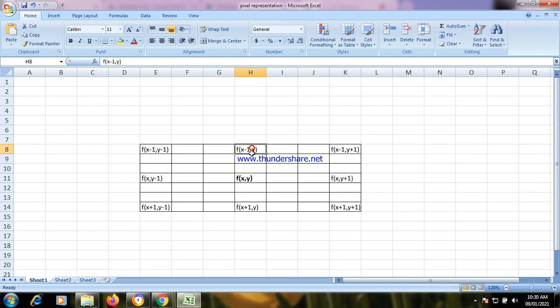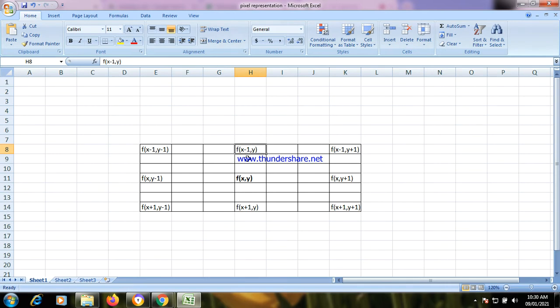Similarly, if we check this second column, the central pixel we are representing as f of x y. Then if we move above f of x y, this is along the y-axis. Along the y-axis, your y coordinate will remain the same, only the x coordinate will change.